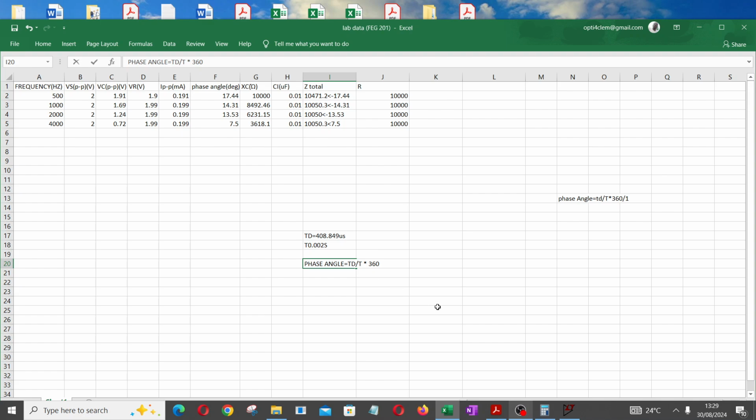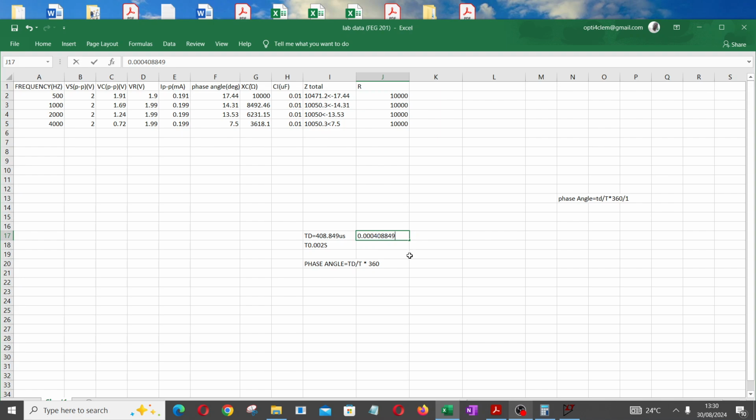So let's use our calculator to punch in these values. If you convert 408.849 microseconds, it gives you 0.000408849 seconds. So that's the value in seconds.